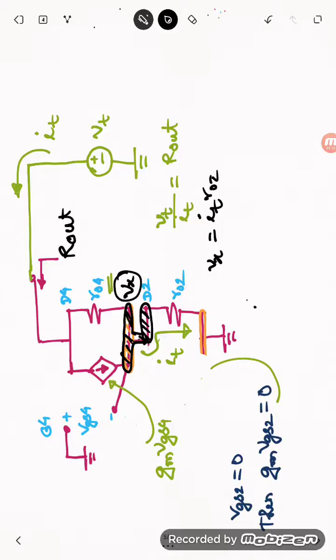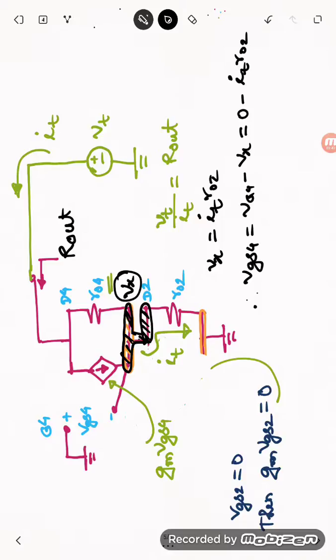And that also gives us a nice idea. What should be VGS4? Our VGS4 is simply VG4 minus Vx. VG4 is 0, so it will simply turn out to be negative IT R02.